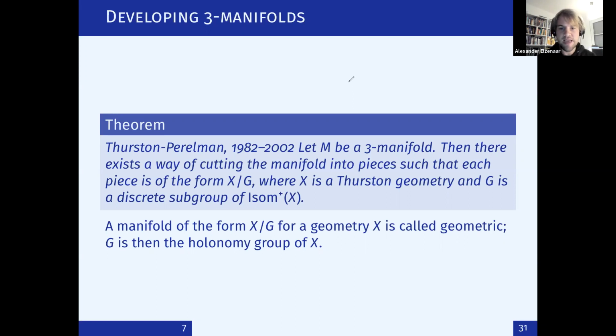There's a geometry X and a discrete subgroup of the isometry group of that geometry, such that the quotient of X by the group gives you that piece of the manifold back together with its geometry. And this group is the usual holonomy group of X, which you can define in terms of analytic continuation in the normal way that you learn in differential geometry.